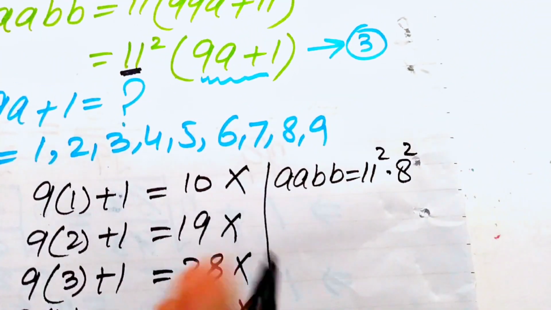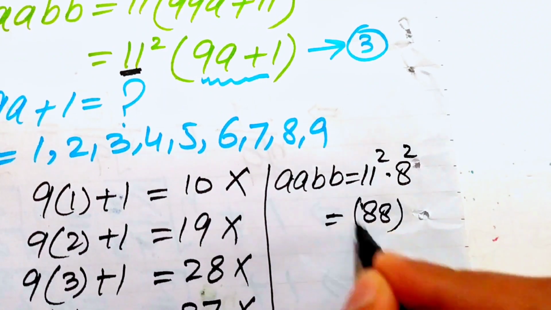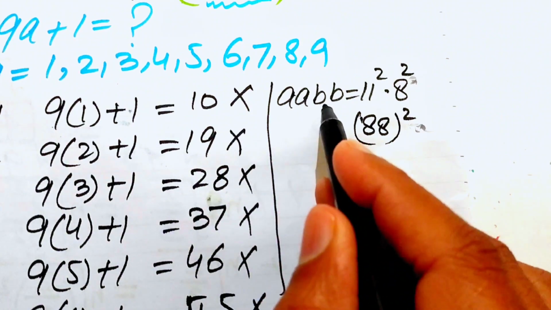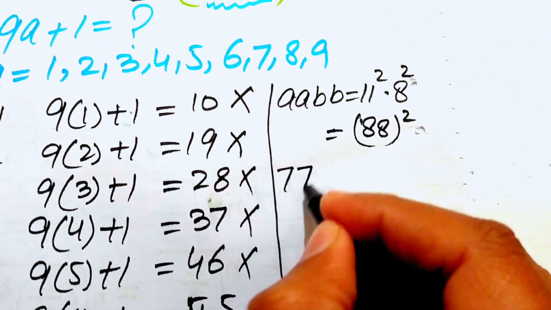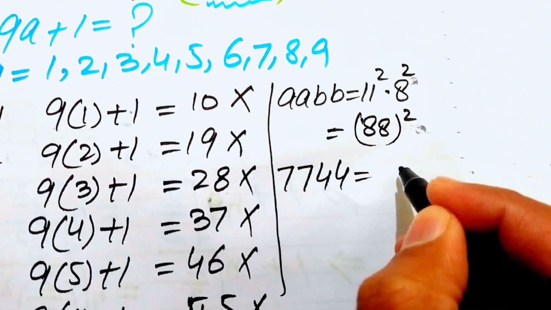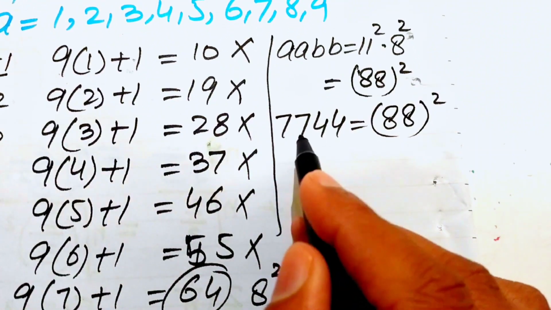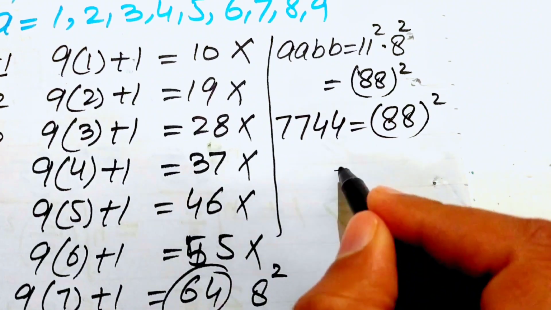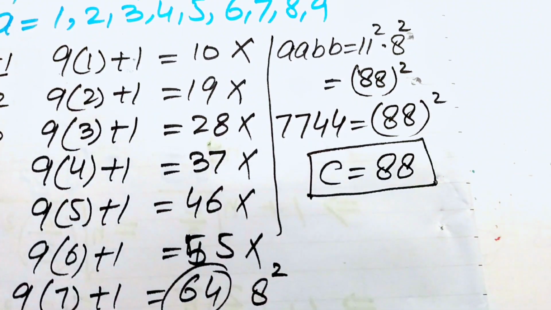Combining 11 square and 8 square, it becomes 88 whole square. With a and b being 7 and 4, we have 7744 equals 88 square. So this 4-digit number is the perfect square of 88, and the value of c equals 88. This is our final answer.